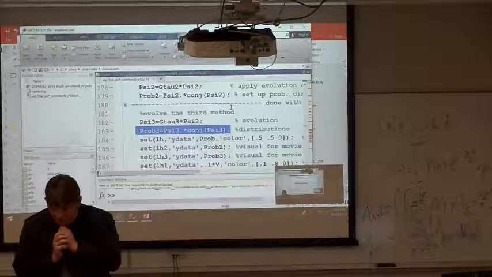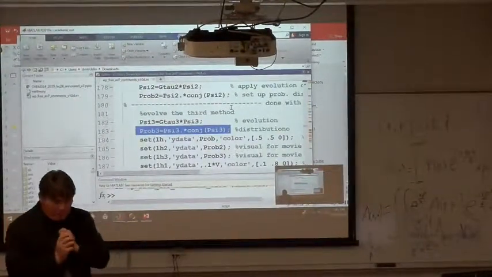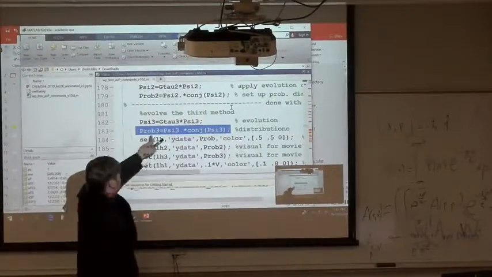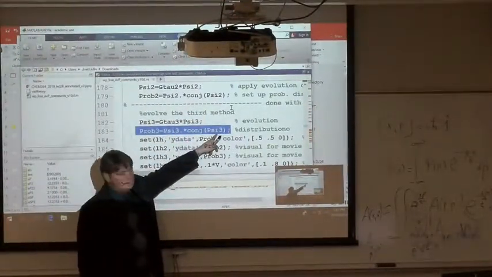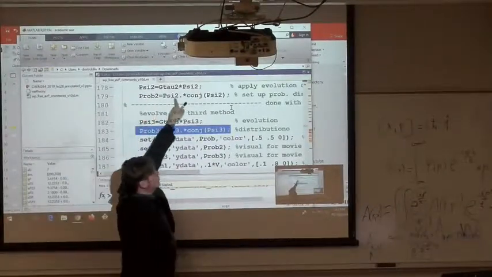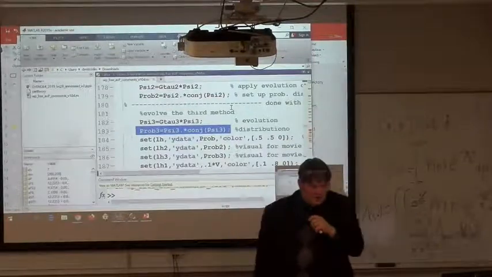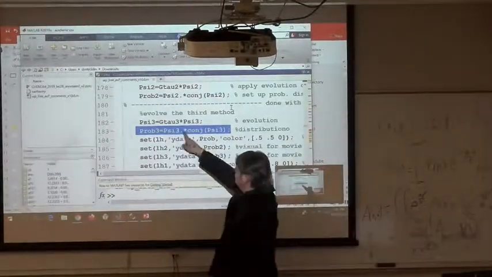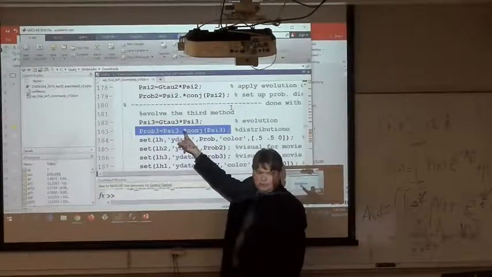Anytime possible, we try to avoid going from wave function toward probability distribution, right? So it is here. So probability as psi 3 and conjugated psi 3. And there is the same thing for method number 2. If we would place an operator in between, it will be a procedure to compute an observable, right?